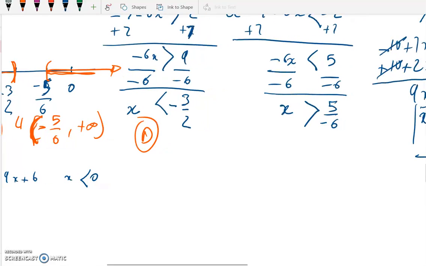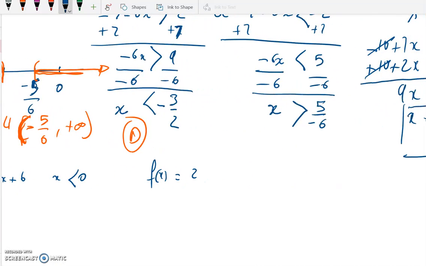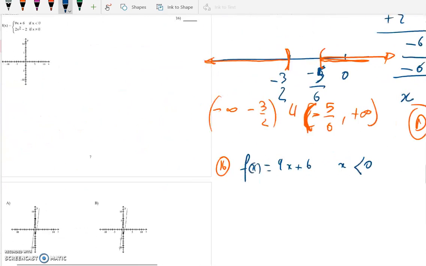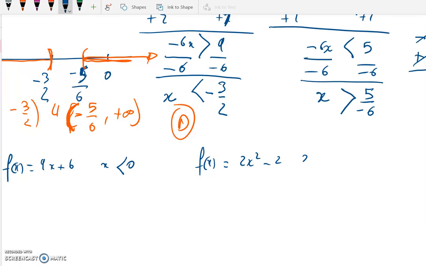And I have another function, f of x equal 2x squared minus 2, with a constraint being x has to be greater than or equal to 0.